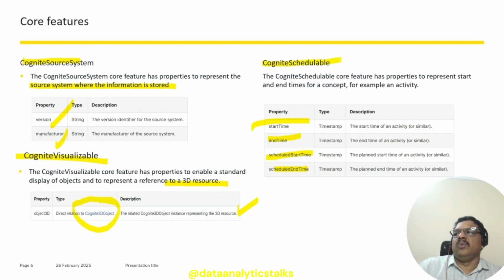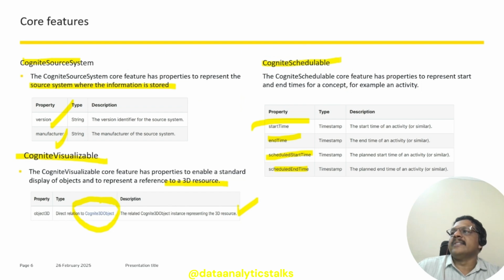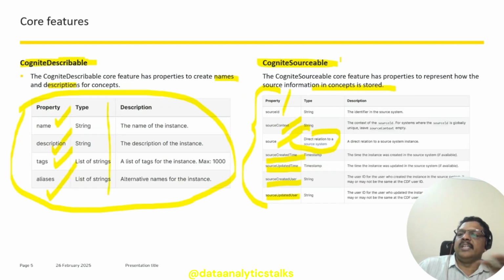So whenever we are implementing any data model, you can implement these core features. Okay. And at least we should implement the core describable, at least that, to give the core Cognite feature.